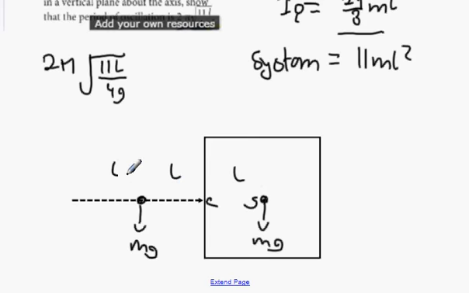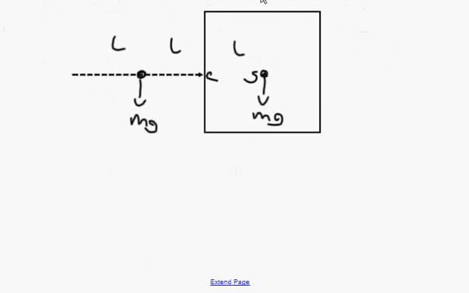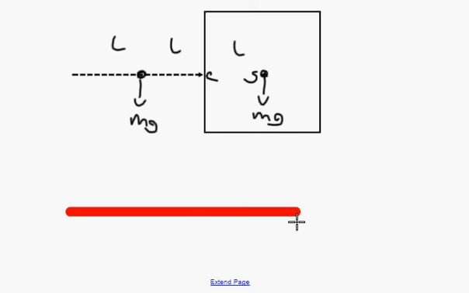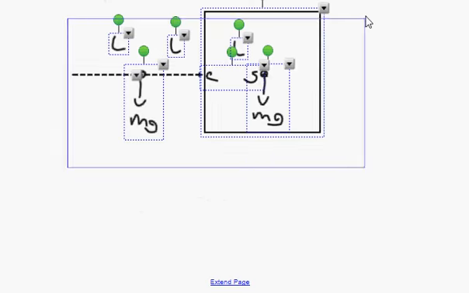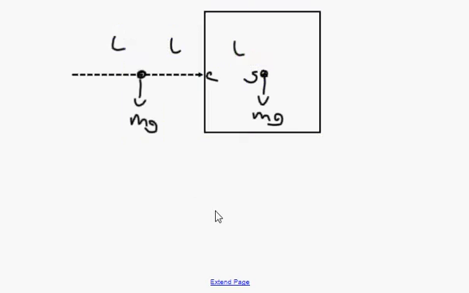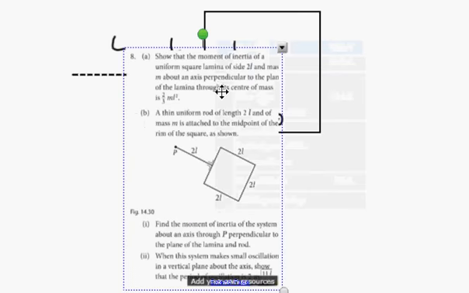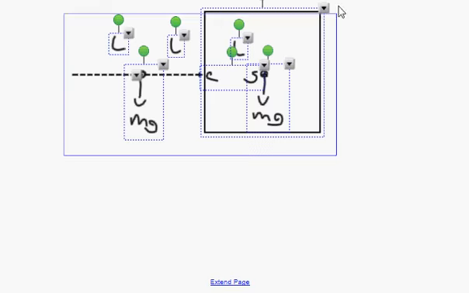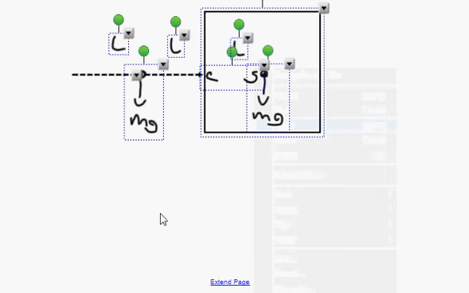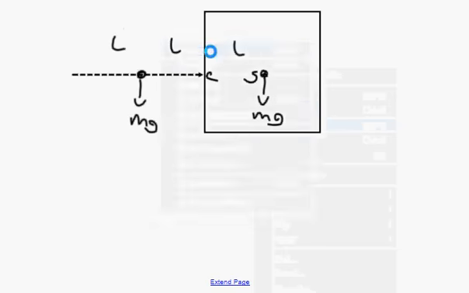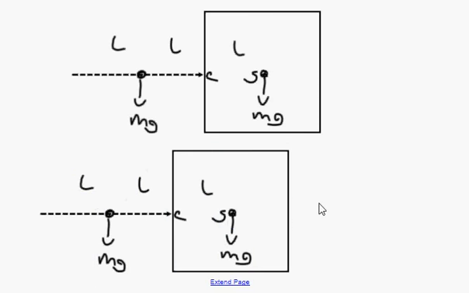L, L, L. Now when we add them together and treat it as one system, the centre of gravity is somewhere in between the two of these.